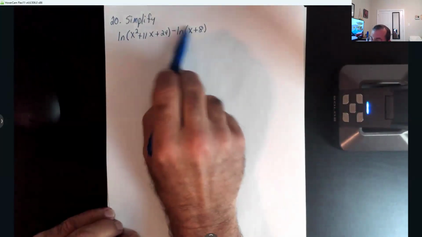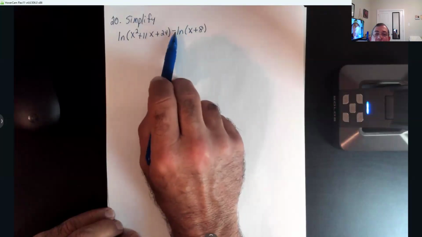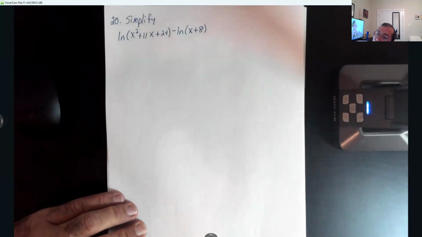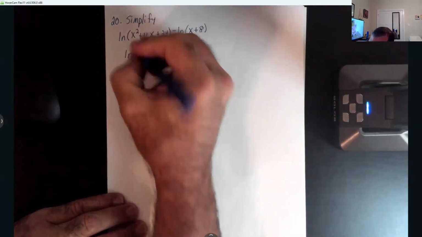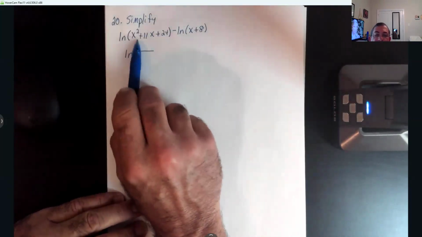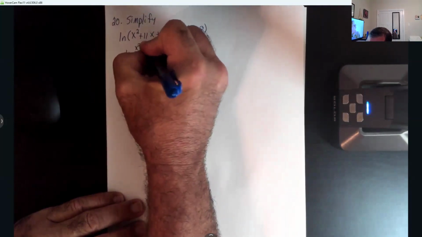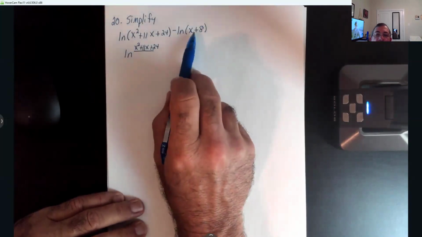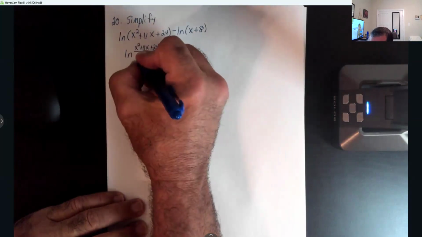So y'all, the trick would be to write this as a single logarithm first. So this stuff is being subtracted, so we know it's going to look like a quotient. So bring out your ln, and you're going to have a quotient there. The top is the positive factor, x squared plus 11x plus 24. And then the only factor on bottom will be what's being subtracted, and that's the x plus 8.